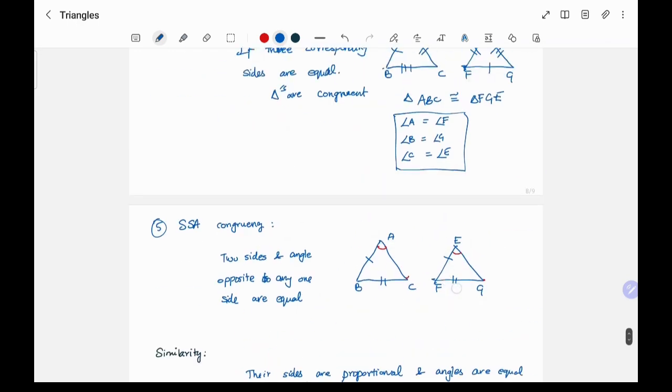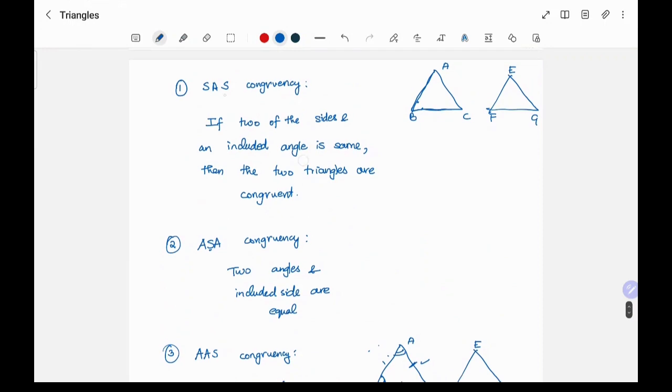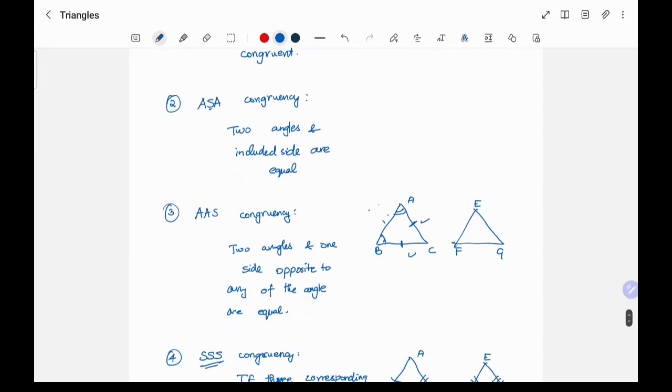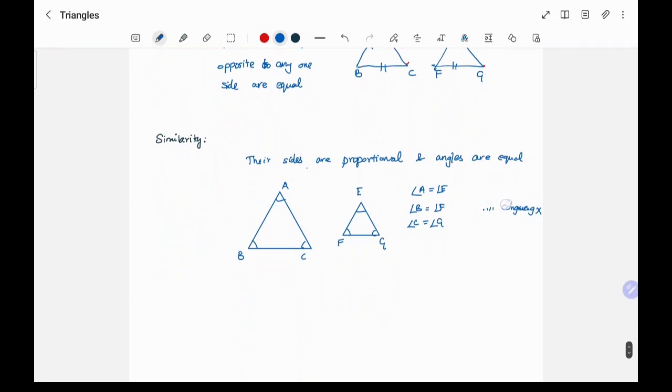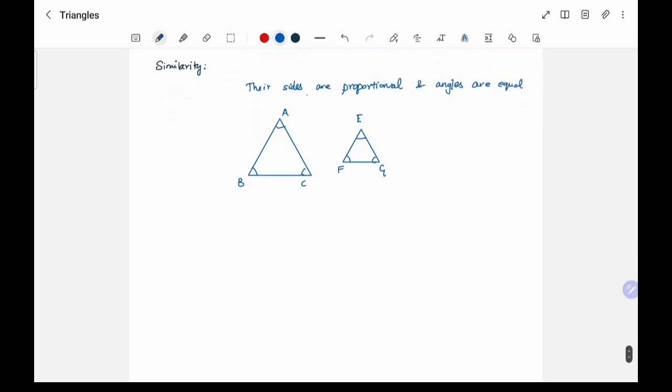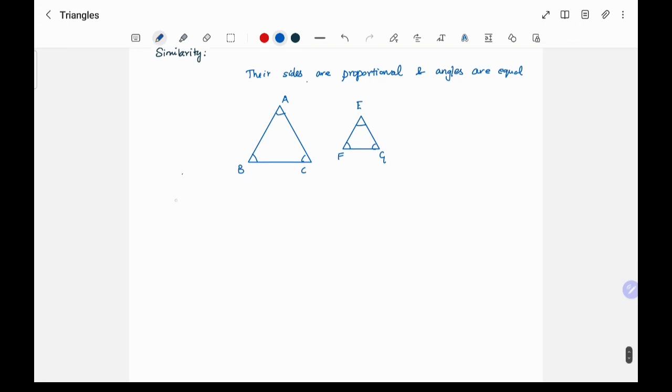We had SAS, ASA, AAS and SSS, but we never had AAA congruency. Which means if angles are given, the sides needn't be of the same length. They can be proportional.